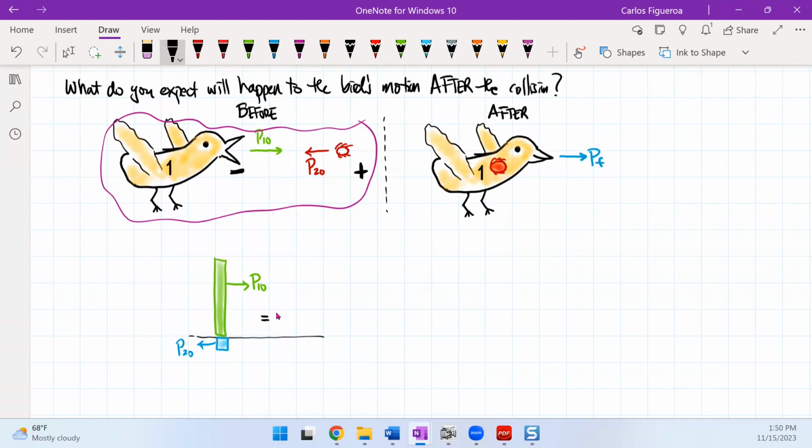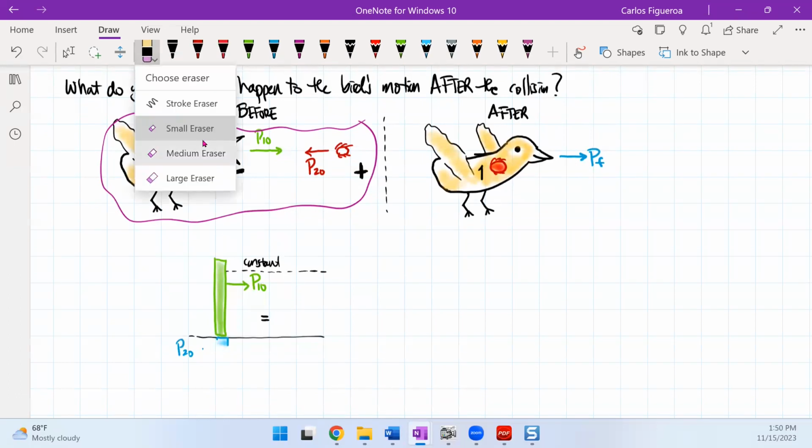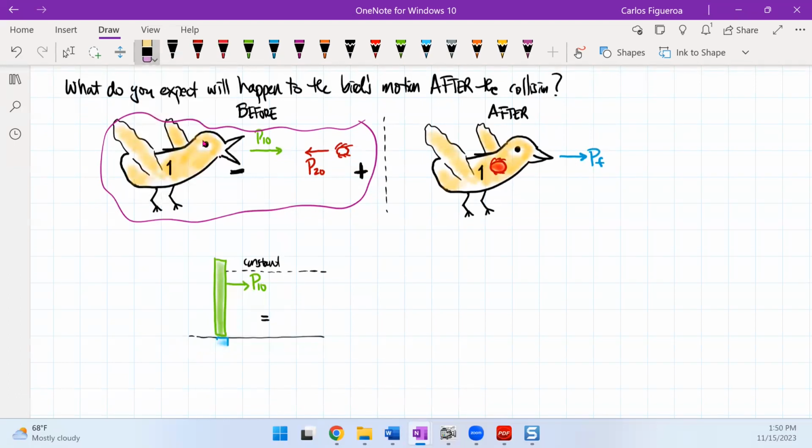Well, there's a total decrease in momentum. Now this is the total momentum of the system, because when I add them, it has to be the exact same quantity. Afterwards, I drew these in the wrong colors. Let me try this again, just to keep color coordinated.